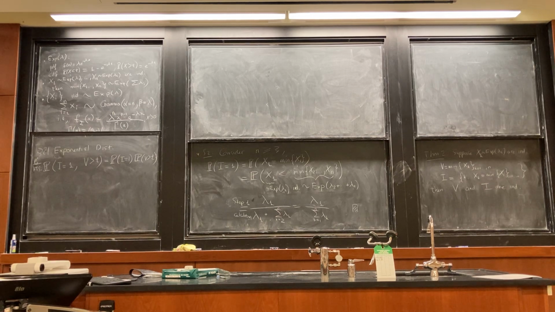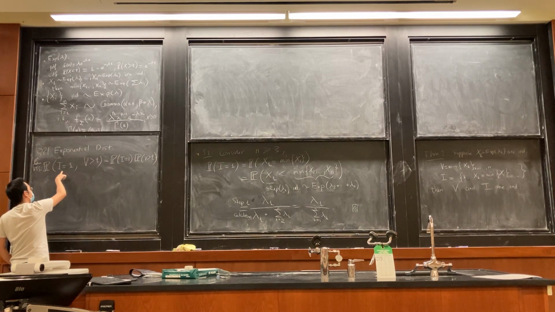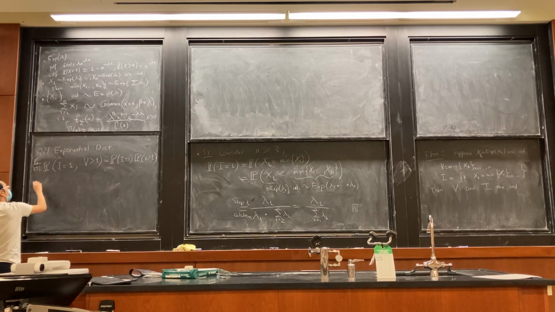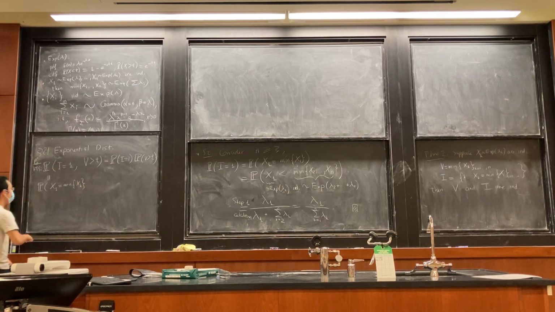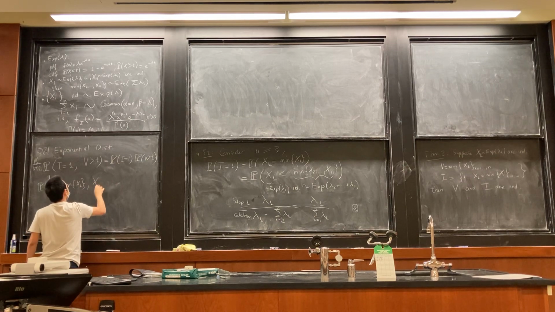That's what I want to show. So let's start from here. I have the index of the minimum being 1 and V greater than t. So this is equal to the probability of x1 being the minimum of everyone, and x1 is supposed to be greater than t.